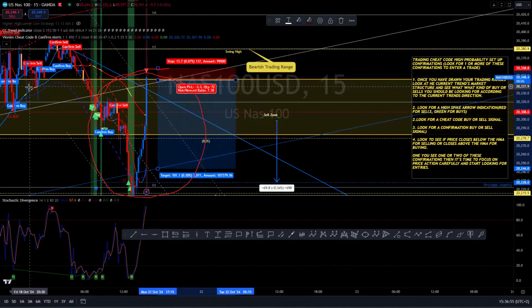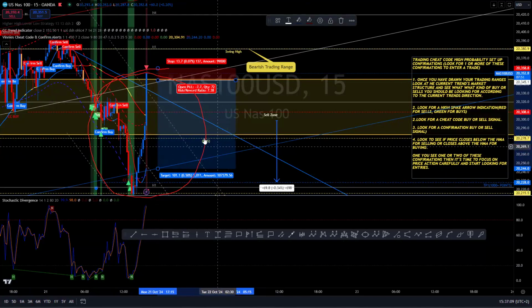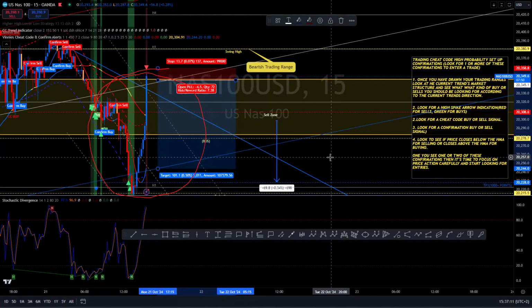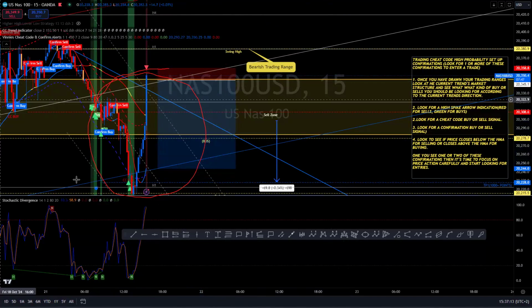So now the question is, is it going to really respect this structure up here and start to sell down, or is it going to close above and continue to buy up? Now, if it continues to buy up, we might need to change our bias. But we've got to really wait.